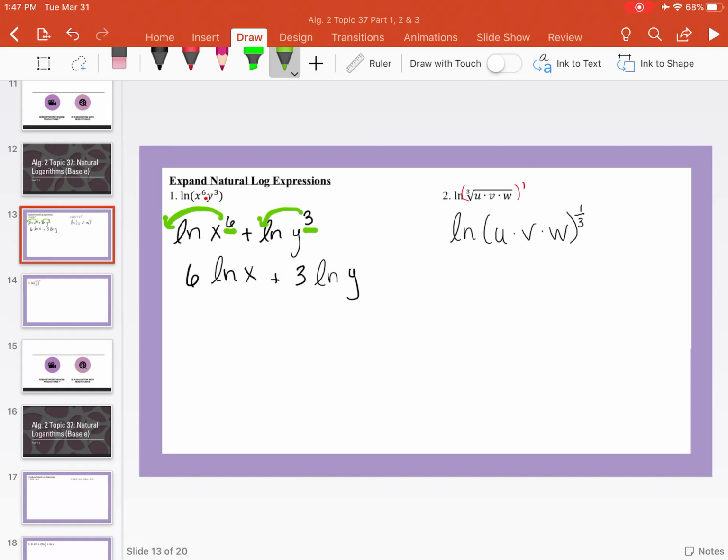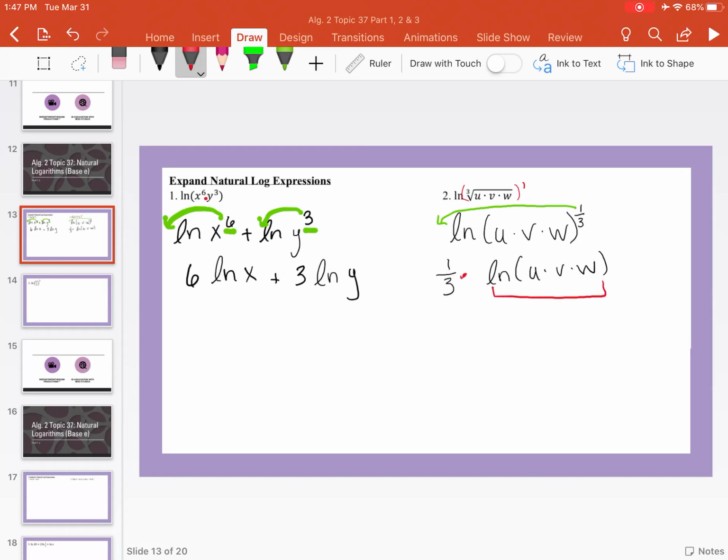What we're going to do now is use the power property. So we're going to bring our exponent out front and get 1/3 times ln of u times v times w. Now it's really important to identify that we have multiplication right here because that's going to come in handy in one moment.